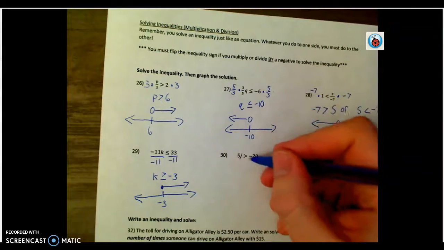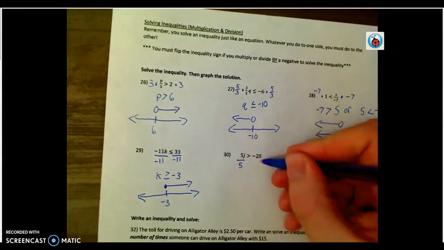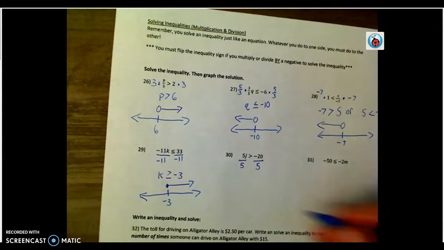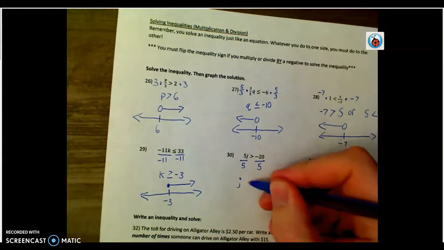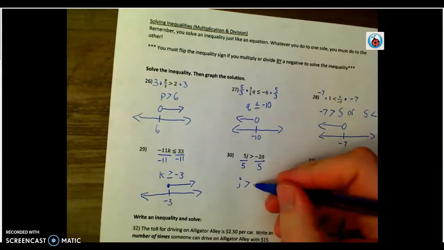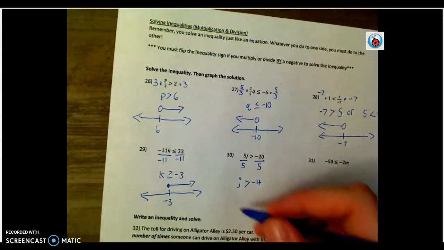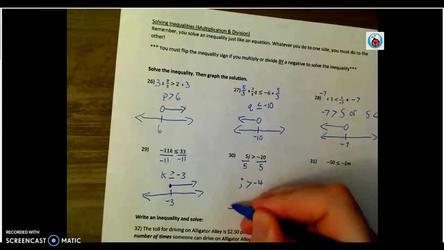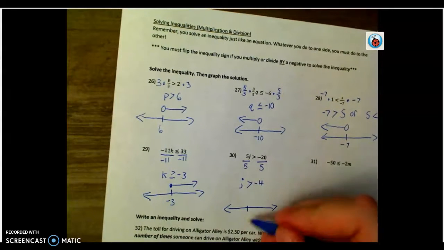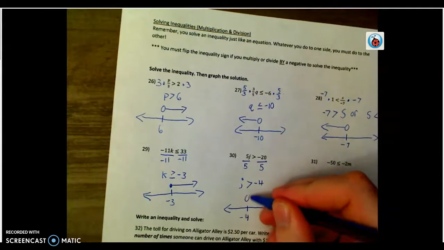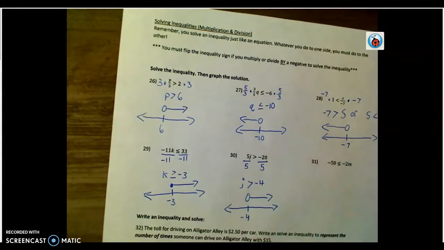Number 30, we have 5j is greater than negative 20, so I divide both sides by 5, and I get j is greater than negative 4. I'm going to draw my number line. I have my boundary point at negative 4 with an open circle shaded to the right.